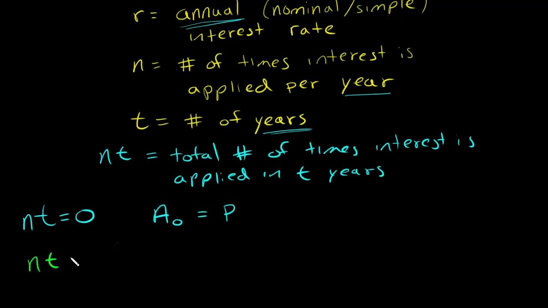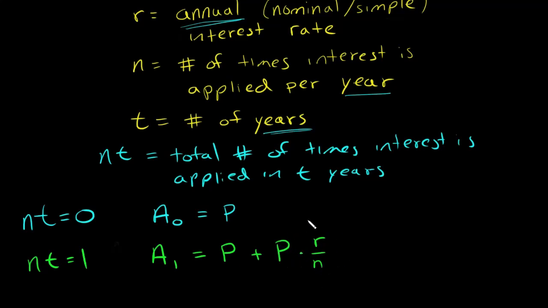Now when I've applied my interest once, N times T is 1. How much money will I have? Well, I'll still have my principal, but now I'll also have my principal times my interest, which is my principal times R over N. So whatever my interest rate was, divided by however many times I'm getting it per year, multiplied by the principal.